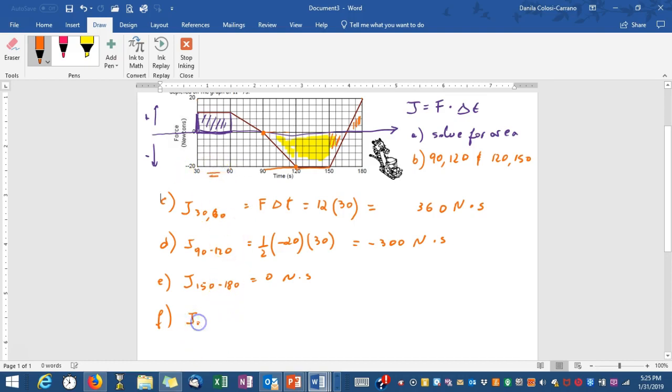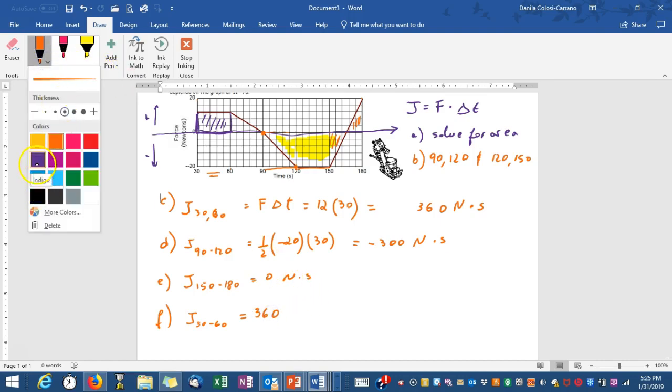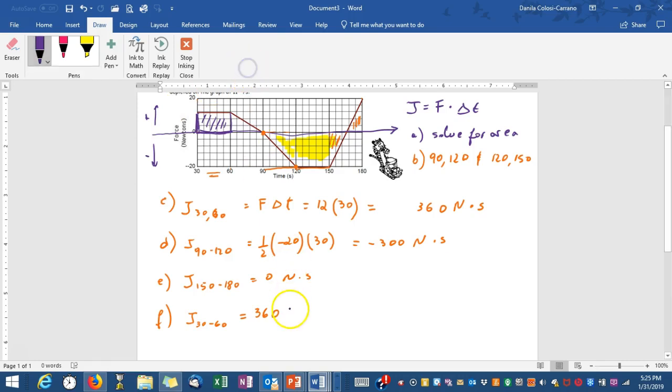So you're dealing with the impulse between 30 and 60 seconds, for which we already know the value because we said this is 360 Newton seconds. But now, guys, we also have the knowledge that impulse is the same as change in momentum, which is the same as the mass times v final minus v initial.